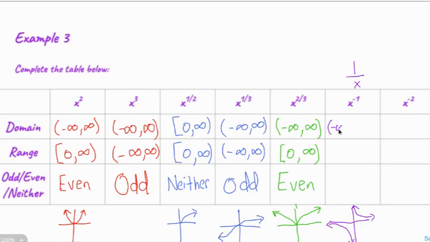We start at negative infinity. We can see we have that vertical asymptote there, so roughly, we've got negative infinity to 0 and then 0 to infinity. Now the range is the same thing because we've got the horizontal asymptote there messing things up. And then this is an odd function.